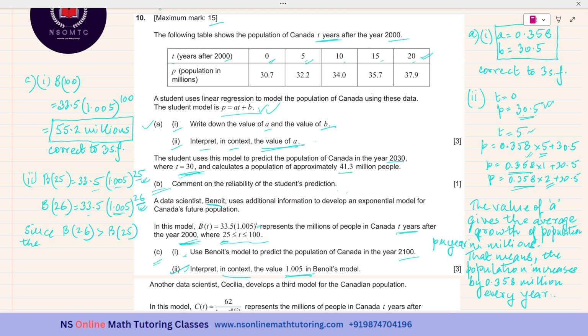Or you can write the general case. B of t plus 1 is greater than B of t, therefore the population is growing.